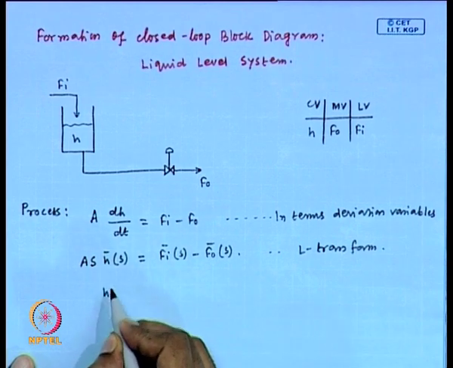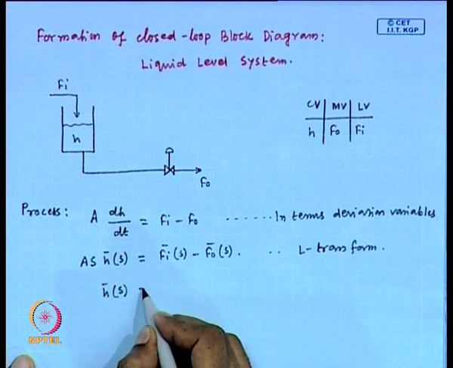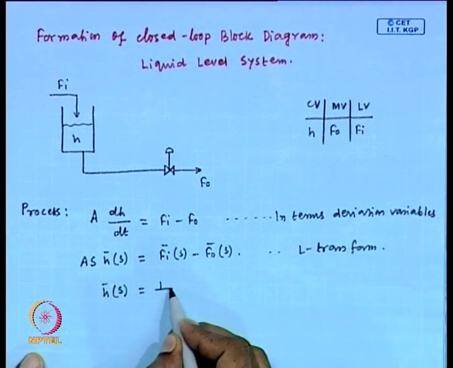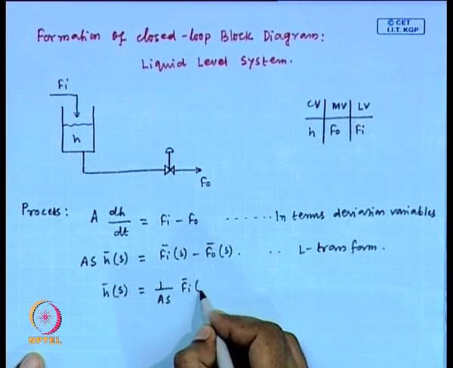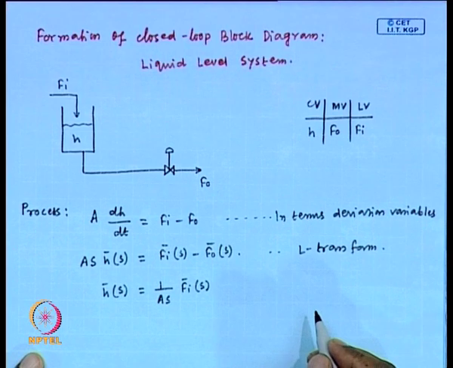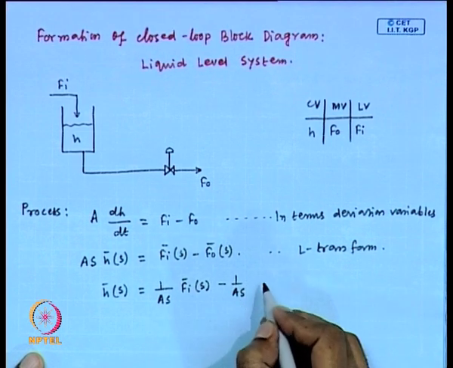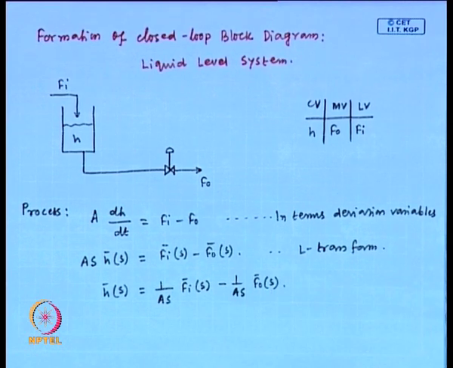Now, rearranging, h bar(s) becomes 1 by A s multiplied by Fi bar(s) minus 1 by A s F naught bar(s). Dividing both sides by A s, we get this equation.